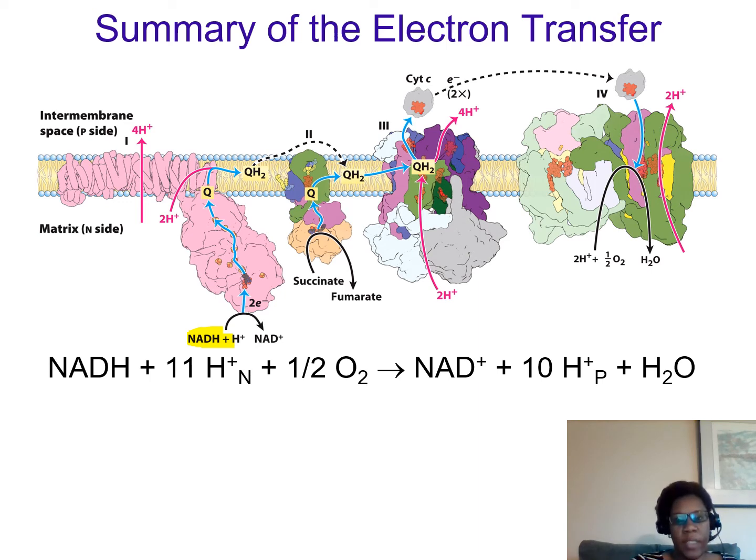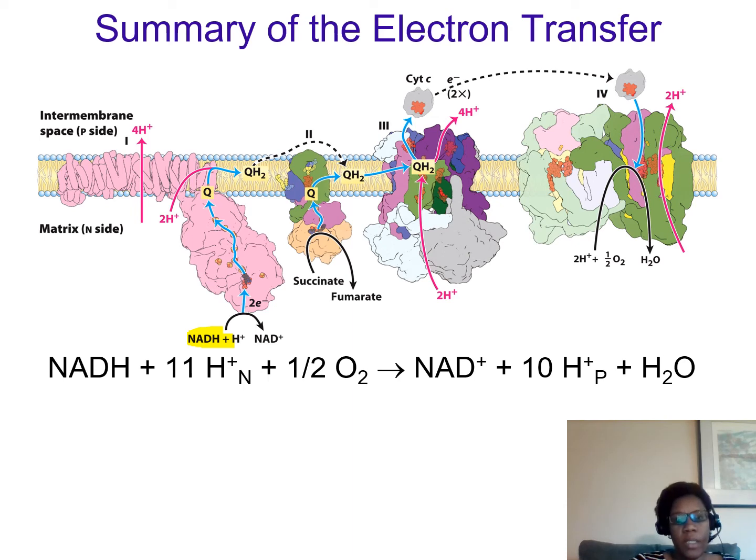And in the end, those electrons from NADH were passed onto one oxygen, but we don't write O, we always write half O2. And then we created a water.